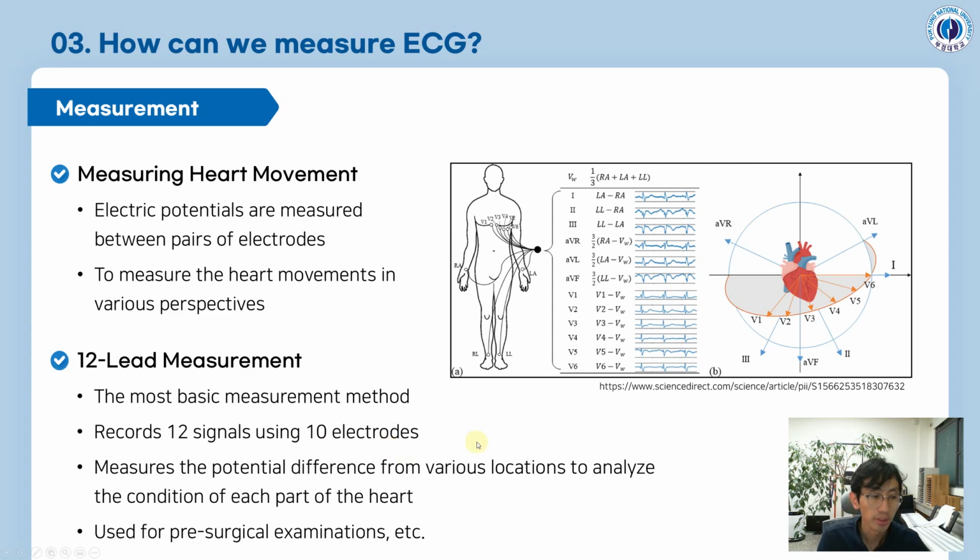So this is the fundamental way of recording ECG, but if your purpose is not to estimate some heart disease very precisely, then we can get ECG using only 2 spots from 2 electrodes.